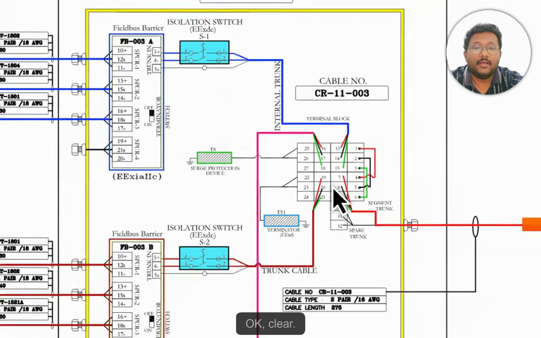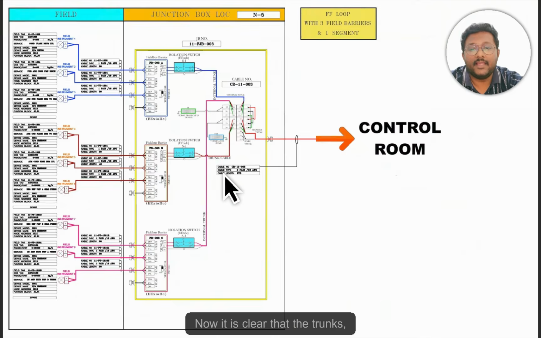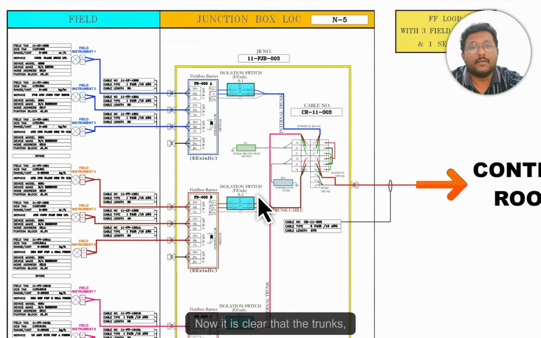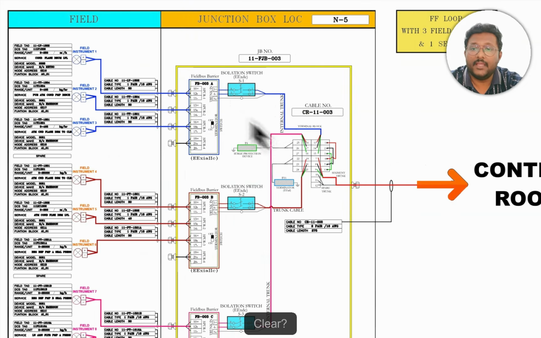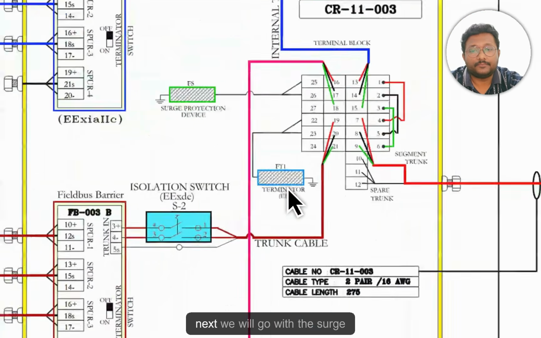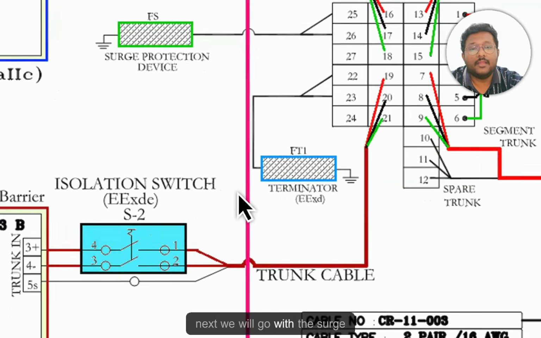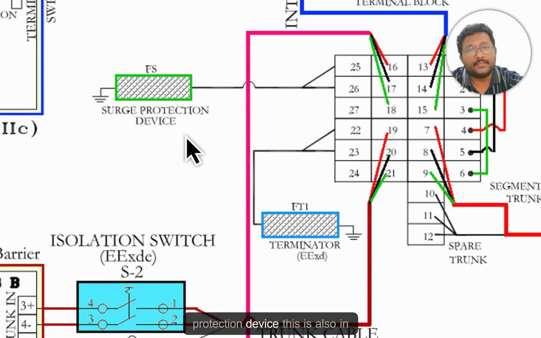Okay, clear? Now it is clear that the trunks, number 1, 2, 3, all are connected in parallel. Clear? Next, we will go with the surge protection device.